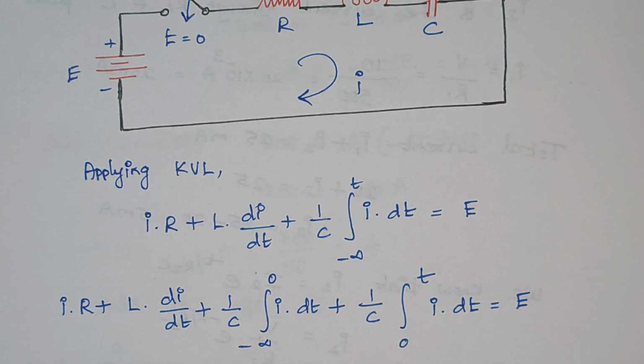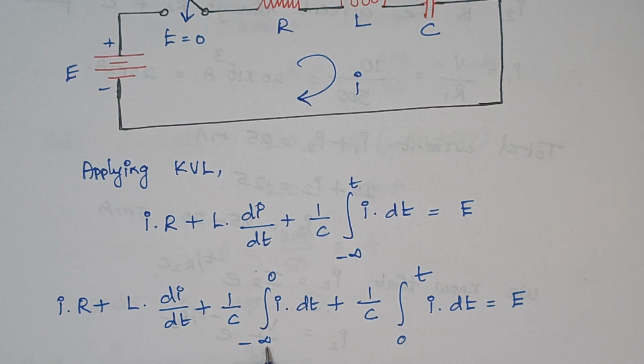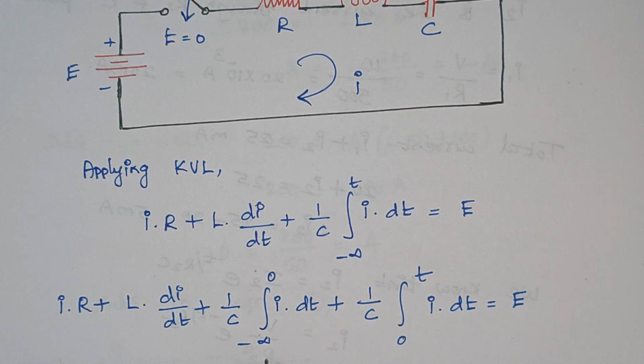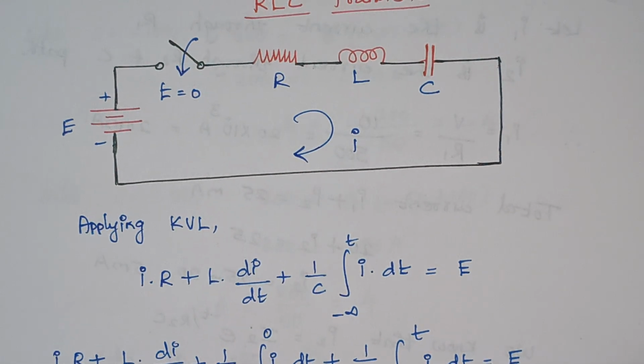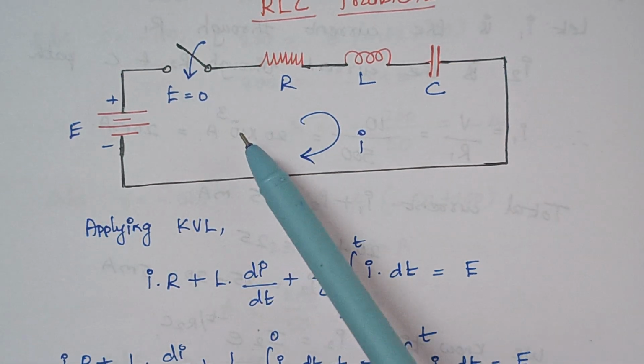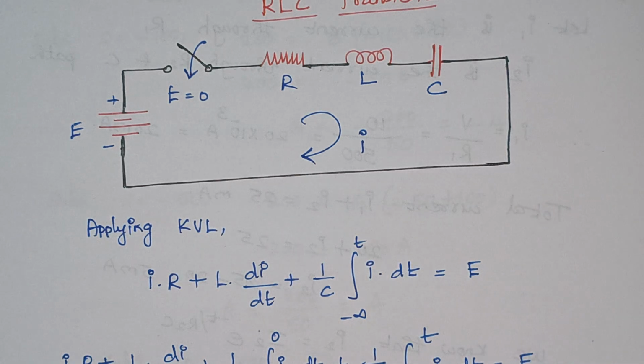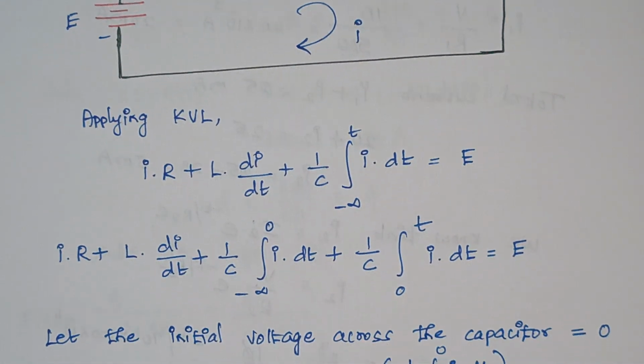The next thing is the limits minus infinity to 0 describe the initial voltage in the capacitor, that is, before closing the switch, is there any voltage across the capacitor? That voltage is known as initial voltage.